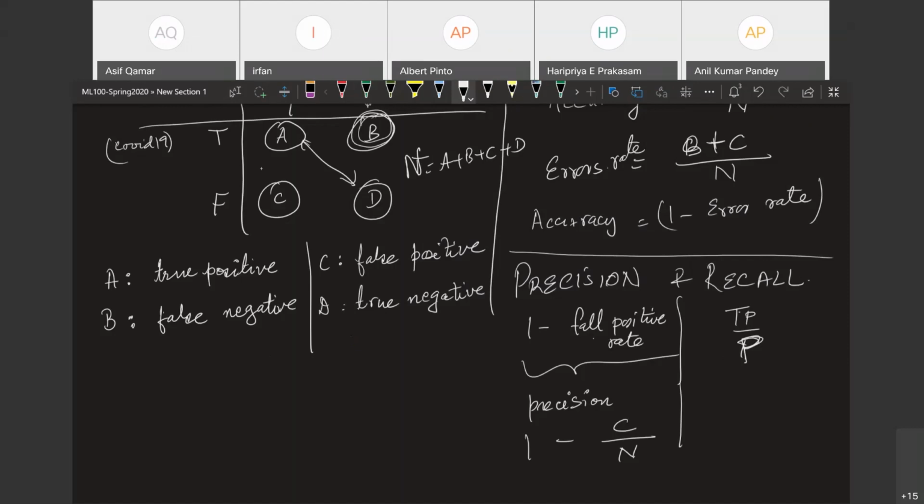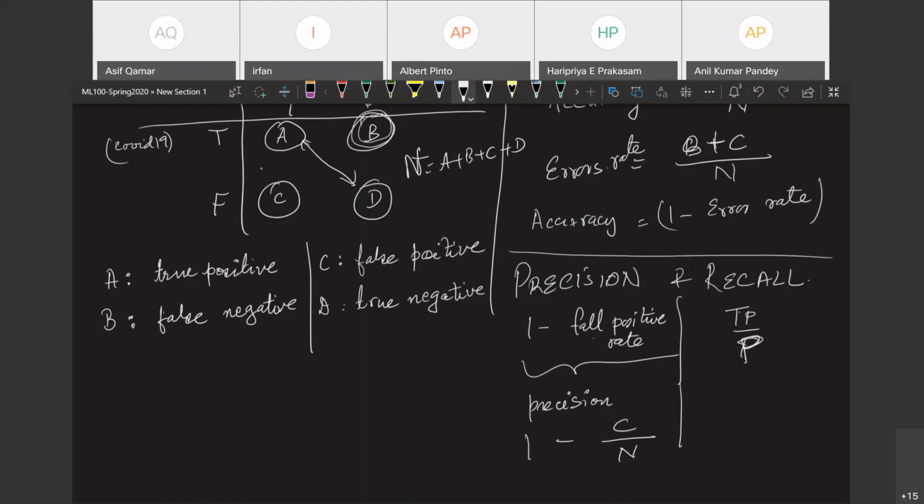Good precision is slightly different. It says how not to be trigger happy. A trigger happy situation would be that you mark everybody as positive, right? Suppose I cook up a test and whosoever comes to me, I have only one answer: you have COVID.